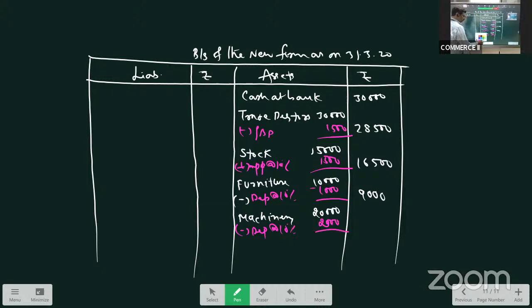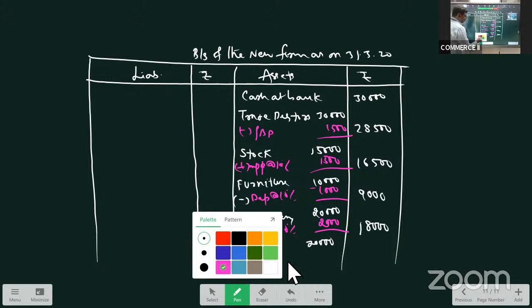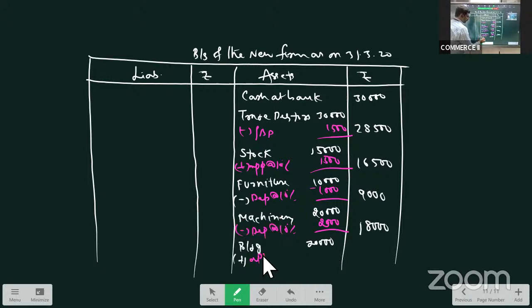So there is a decrease of 2,000. So take 18,000. Building is 20,000. And building is appreciated by 20%. Add appreciation 20%, 4,000, would be 24,000. And goodwill will appear at the present value, that is 20,000.